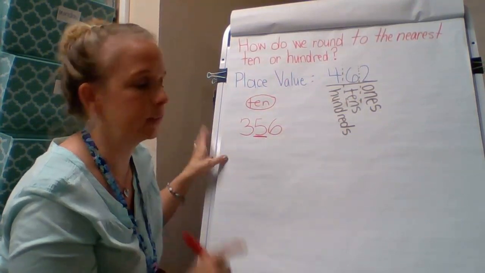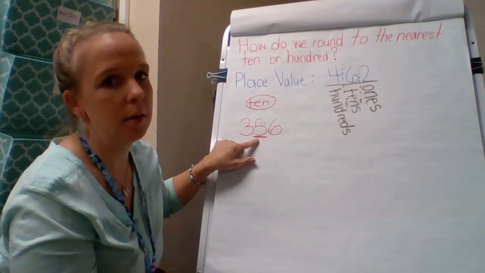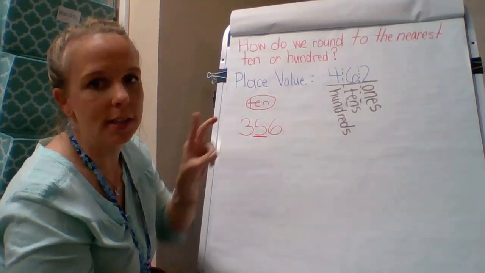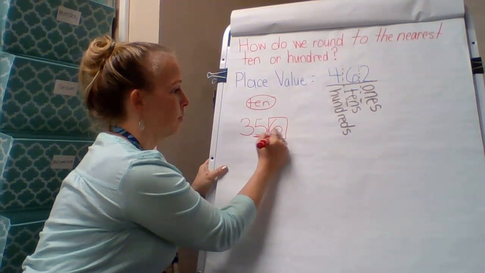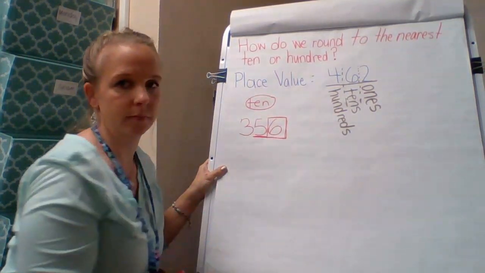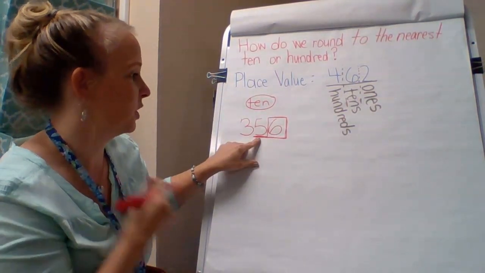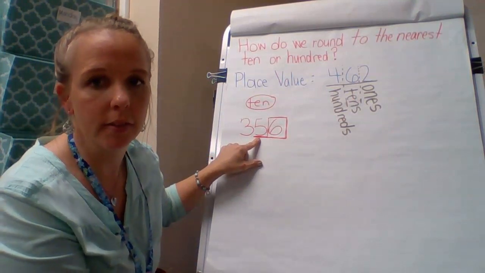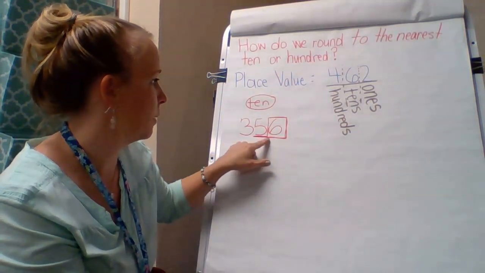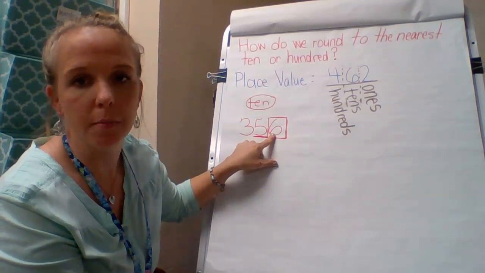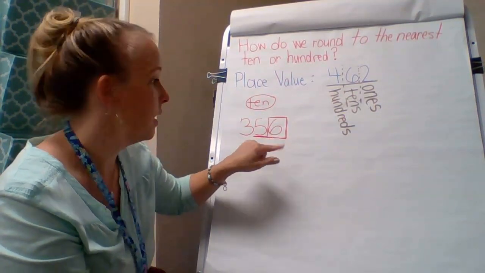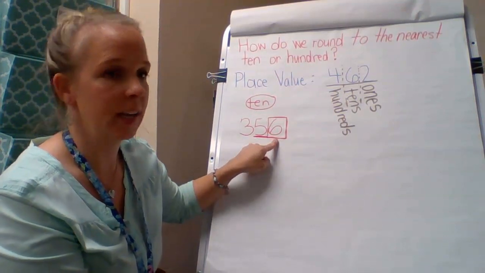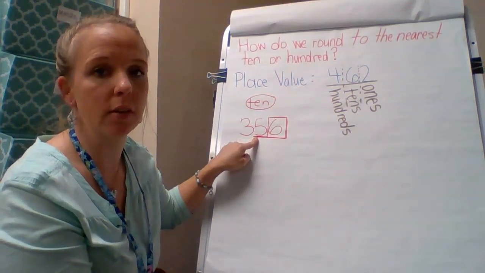That's step number 1. Underline your tens place because that's what I'm rounding to. Step number 2, I'm going to go over to my neighbor's house and box in my neighbor. So I underline my 5, walk over to my neighbor's house, and box my neighbor, which is the number 6. This number tells the number 5 what to do.